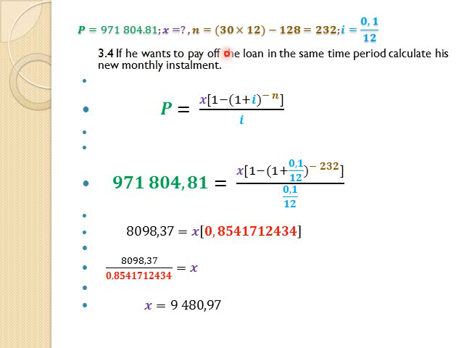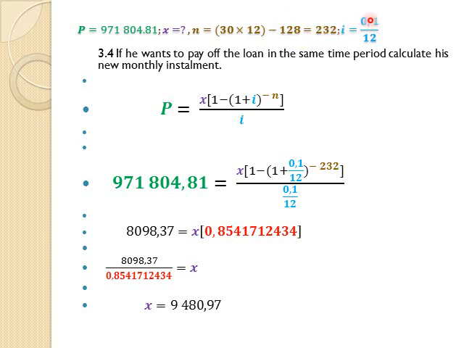Now, if he wants to pay off the loan in the same time period, calculate his new monthly installment. So after month 128, he owes 971,804.81. I want X, and now N would be 30 times 12 minus 128, because up to month 128 he hasn't paid, so I still have 232 payments left.